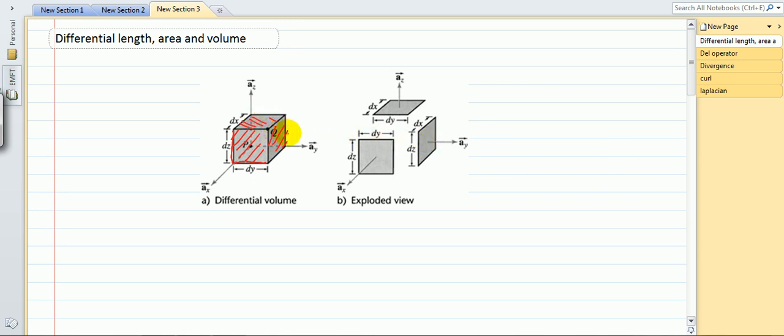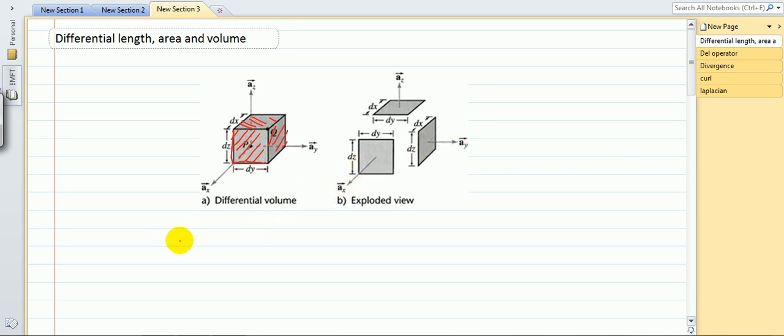The unit vector for each surface vector is perpendicular to the surface we have taken. If I take this surface, the unit vector perpendicular to it will be in the direction of z, for this surface in the direction of y, and for this surface in the direction of ax.